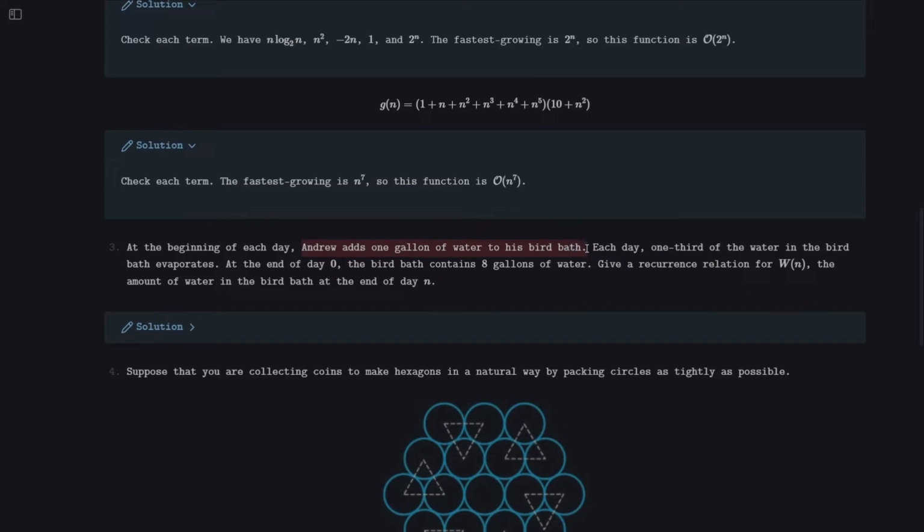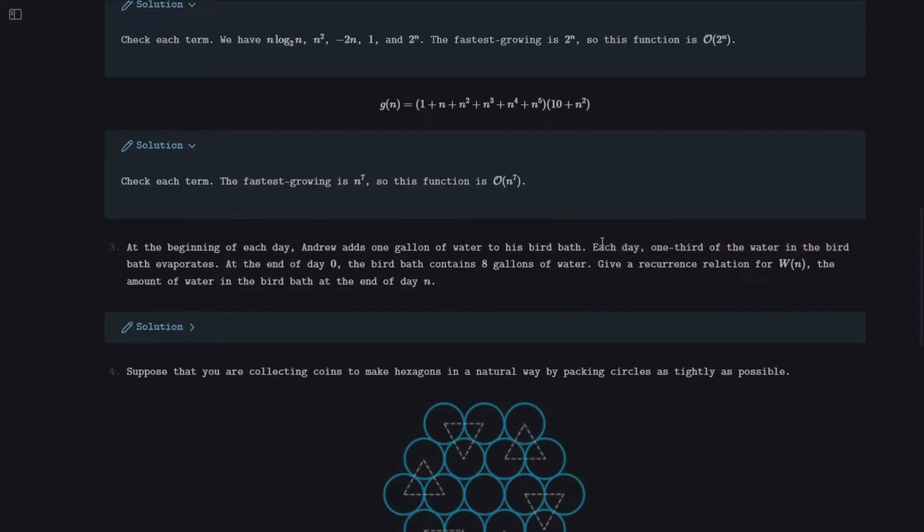So Andrew first at the beginning of the day adds 1. So we had some number w of n minus 1, which is the amount of water left after the previous day. We add 1 to that, and then during that day after Andrew added the water, it's going to evaporate.